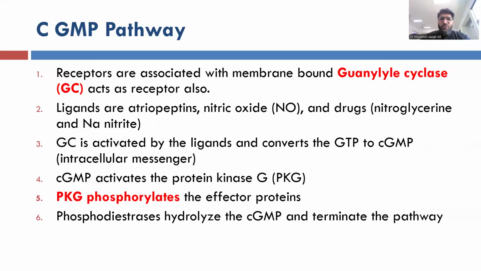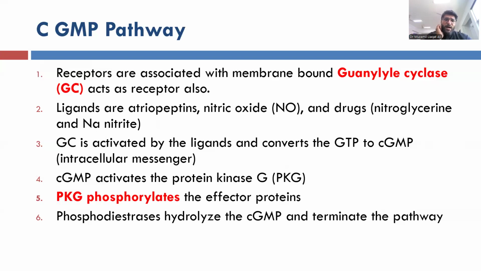The PLC, phospholipase C, hydrolyzes the membrane phospholipid, that is PIP2, right? That is phosphatidylinositol 4,5-bisphosphate, into two powerful second messengers. The very first one is the inositol triphosphate, that is IP3.